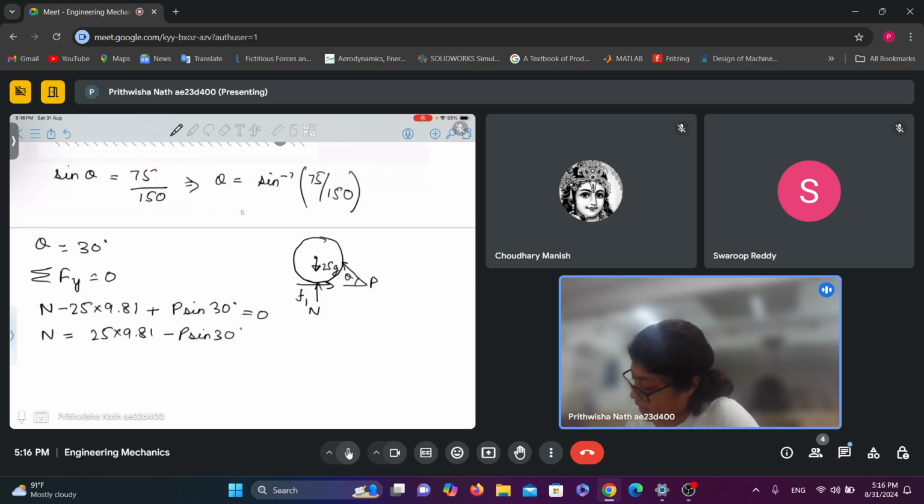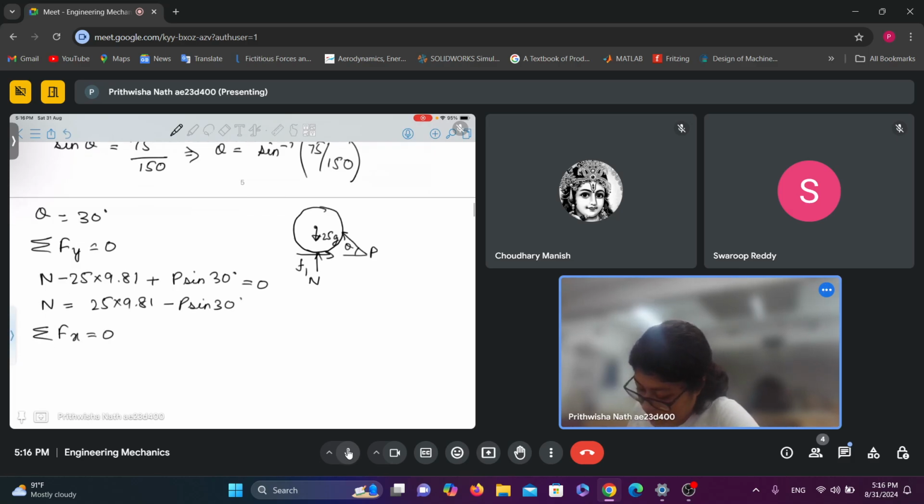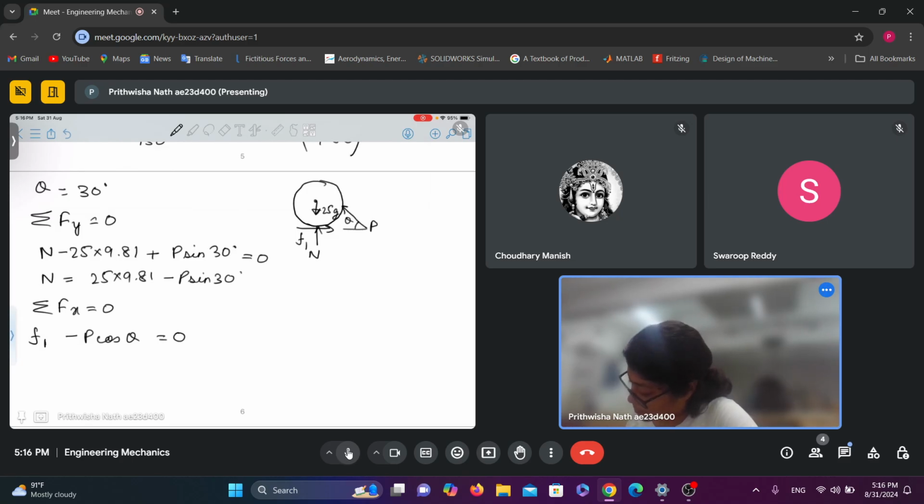Similarly, in the x direction, we can write F1 minus P cos theta equals 0. So P cos theta equals F1.